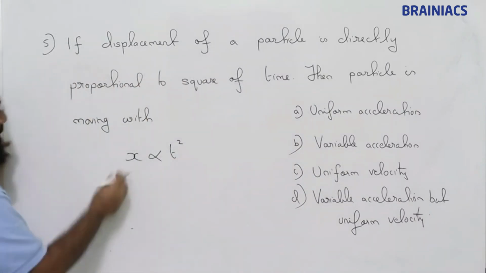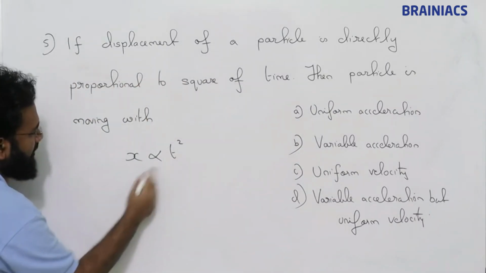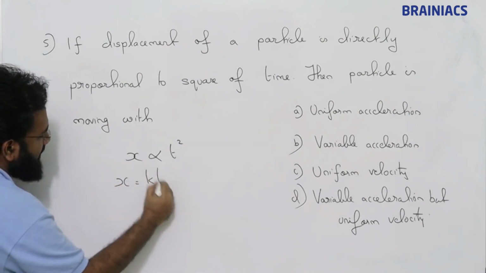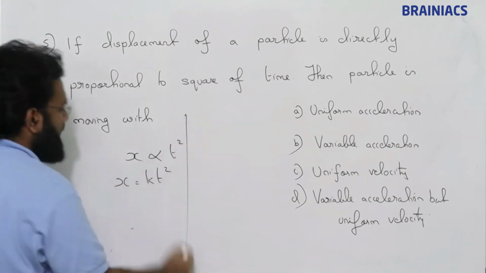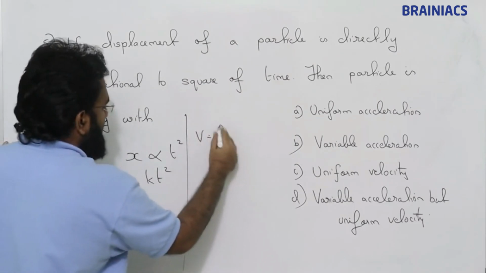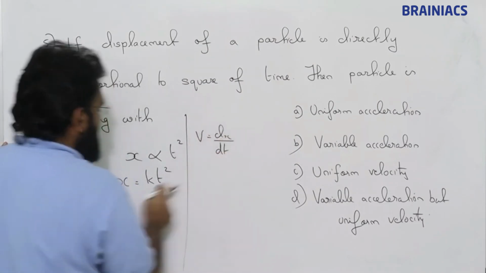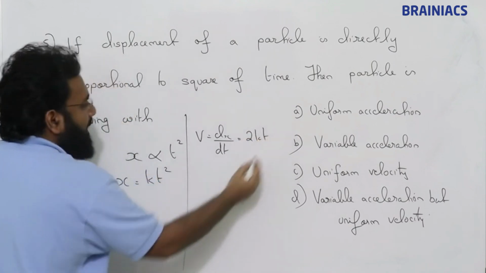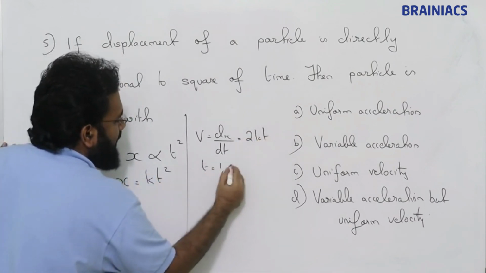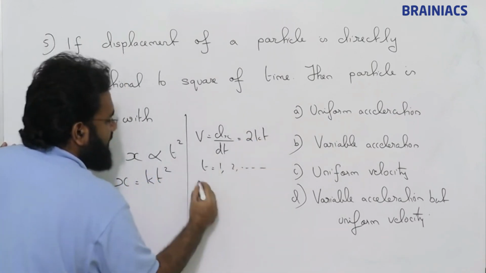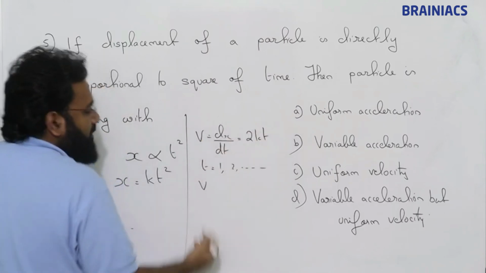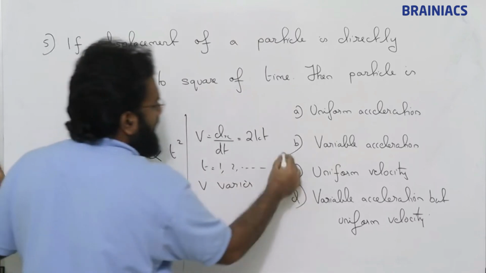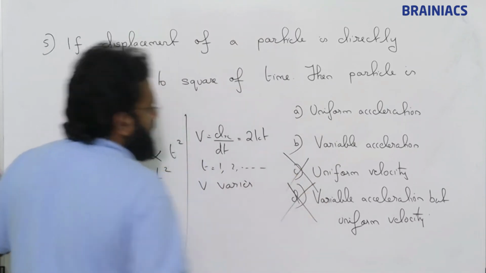See this: displacement is proportional to the square of time, so we can write x equals a constant k into t square. Now what is velocity? dx by dt, the differentiation of this is 2kt. So when we put t equal to 1, 2, 3, velocity will be changing. Velocity varies, so definitely this is not uniform velocity. This option is also not possible.